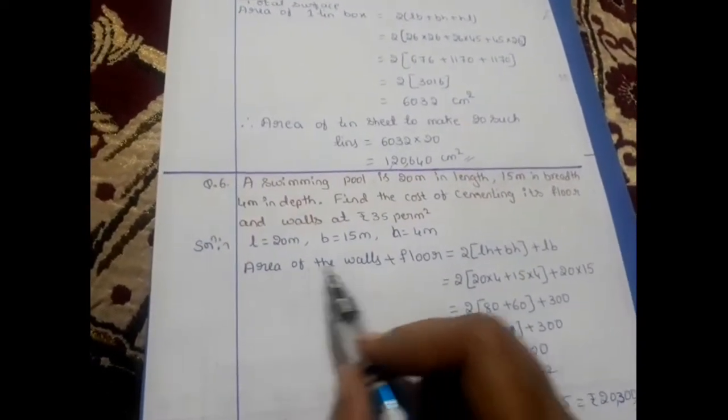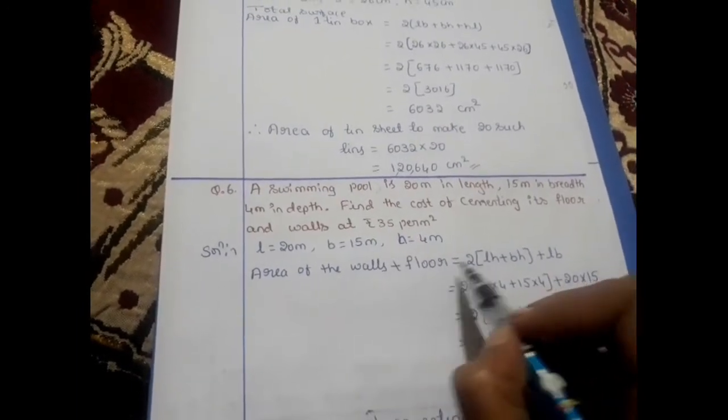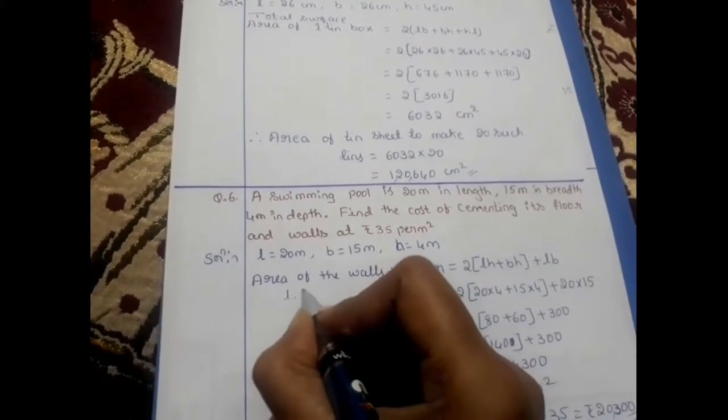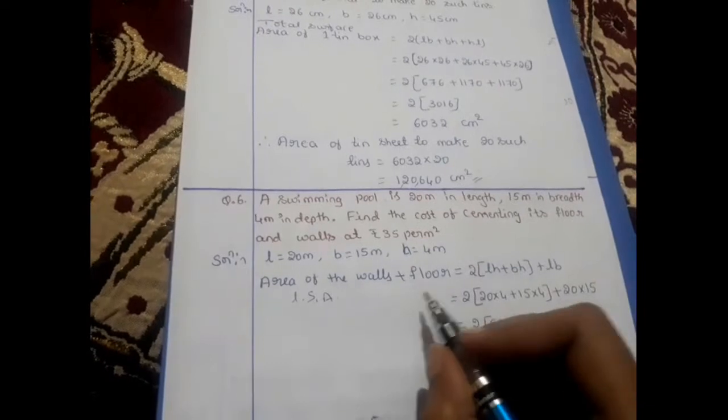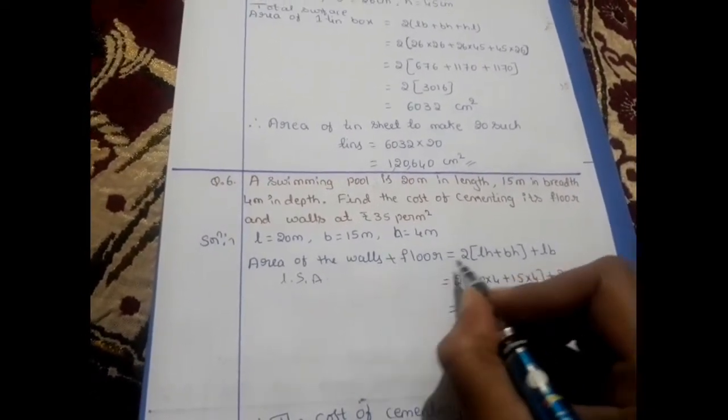Now here, area of the swimming pool walls plus floor is equal to area of the walls, nothing but LSA of cuboid, plus area of rectangle.